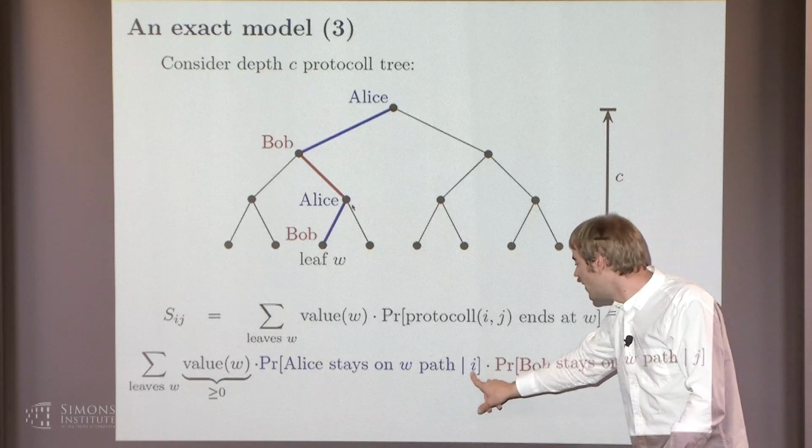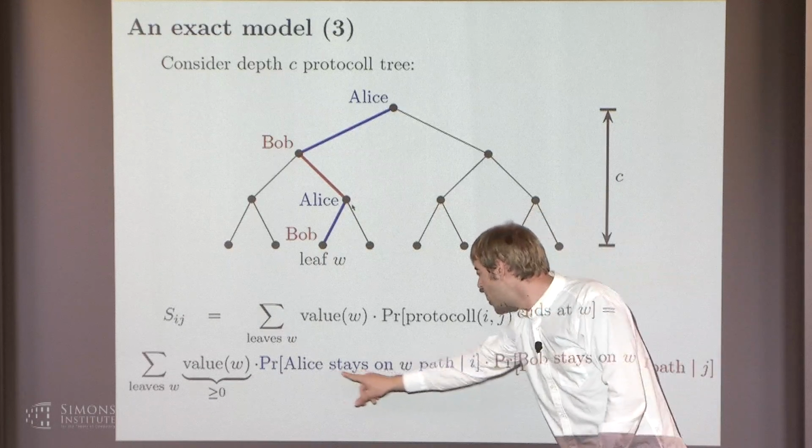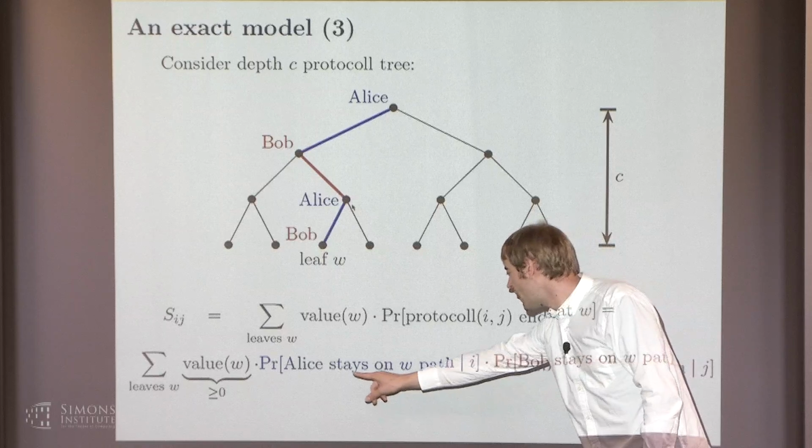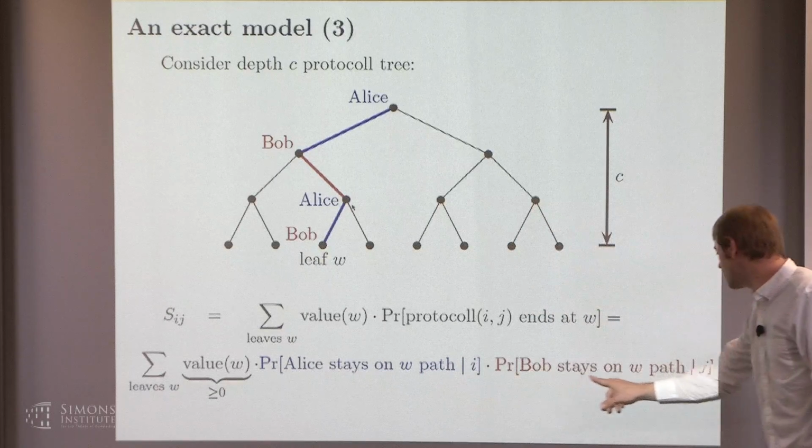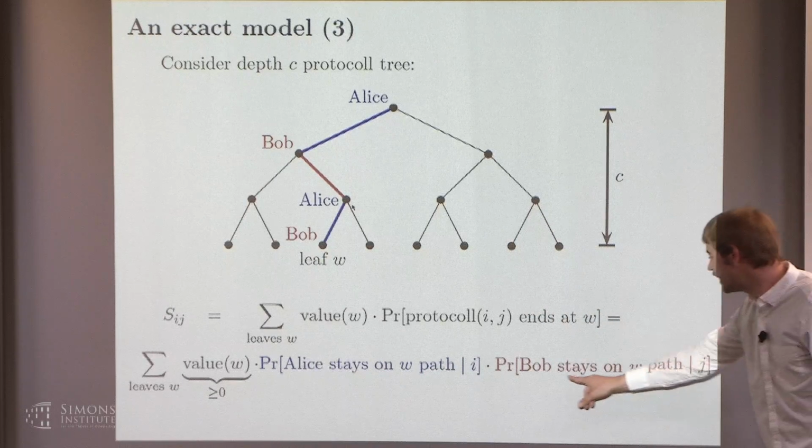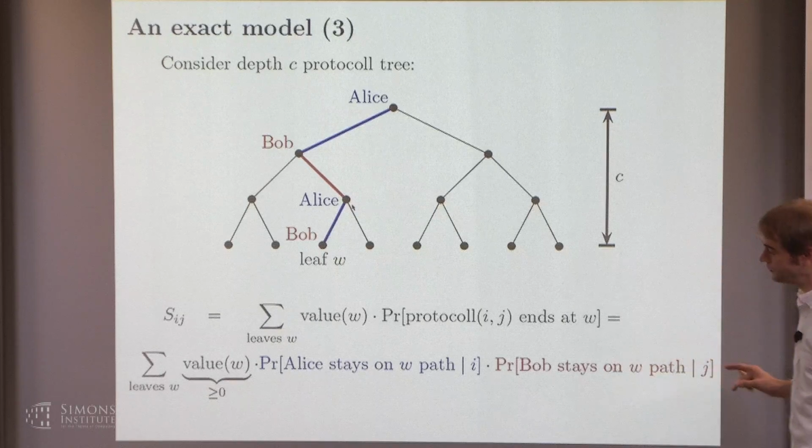Given Alice's input i, you take the probability that Alice stays on the path, and given Bob's input j, you have the probability that Bob stays on the path.